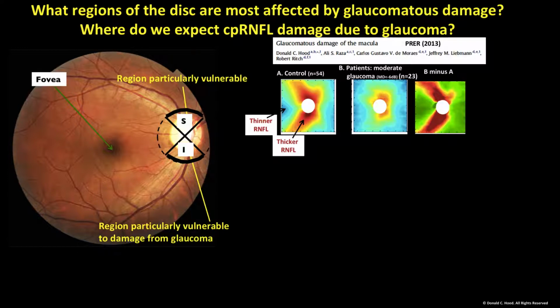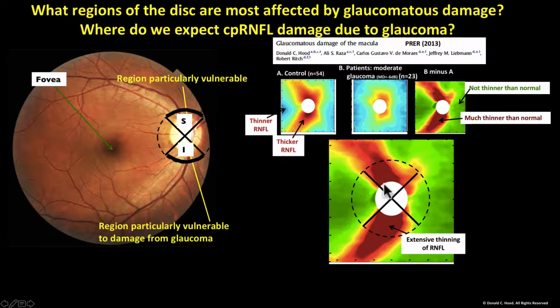And to get a feel for what is lost due to moderate glaucoma, we're going to subtract this from this and get this plot. But now red means something different. This is now a thinning plot, but it's like the probability plots you see. Green means not thinner than normal, and dark red means much thinner than normal.